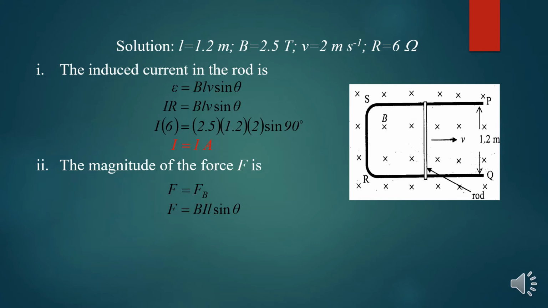B is magnetic field. Substitute the value of electric current, I, then substitute the value of L, length of the straight conductor. And then theta, for this question, is the angle between B and L. So the angle is 90 degrees. Now we get the answer, which is 3 Newton.